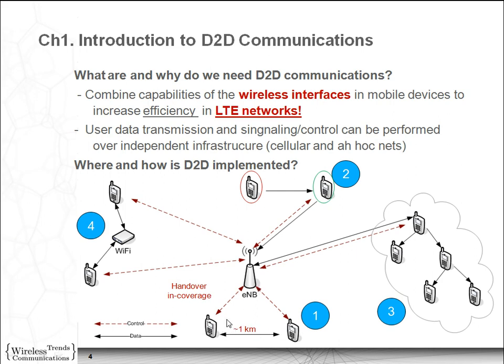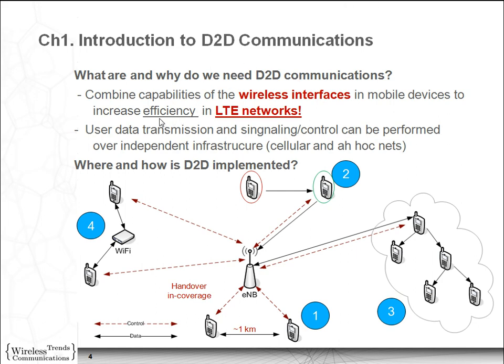So we can have this in coverage in terms of control. In the control plane, in coverage, the eNodeB knows these two devices, but the data transmission is actually handled by them. So that is what we want to do, and the way to do it is a challenge for these kinds of proximity services.